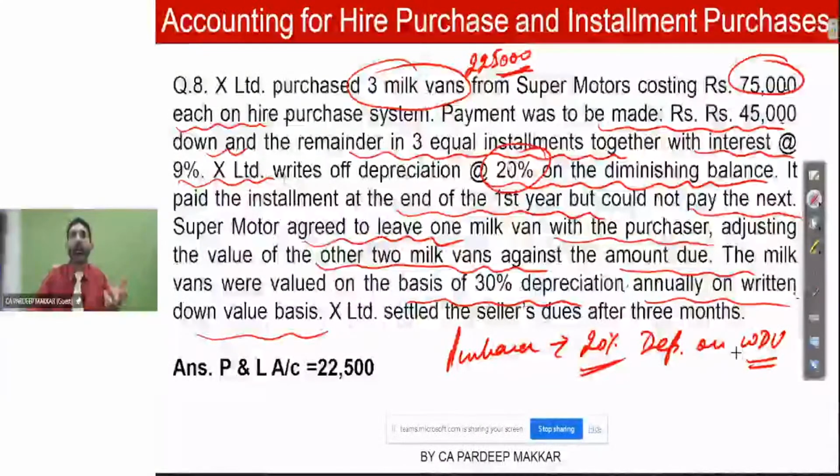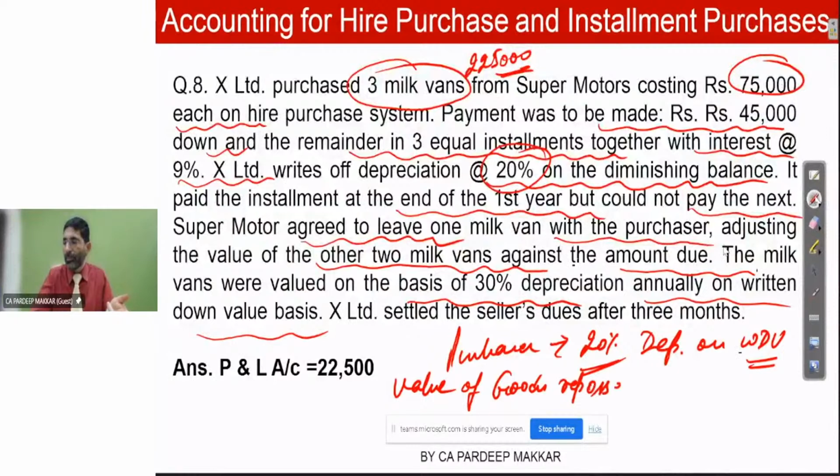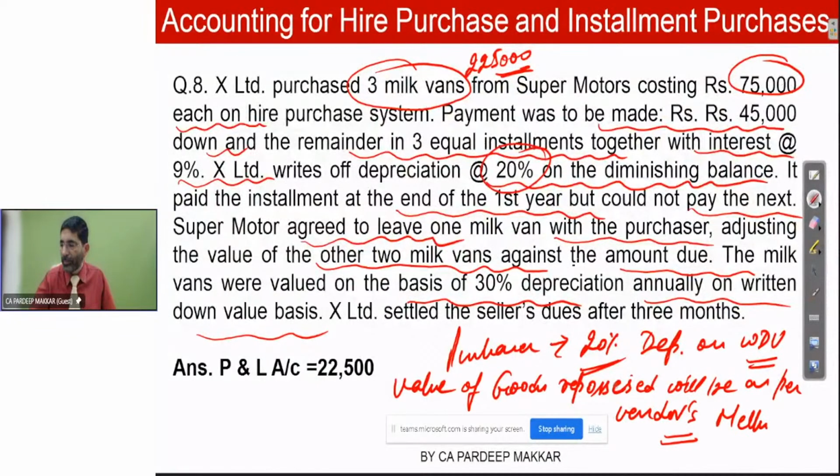You may note it down. The value of goods repossessed will be as per vendor's method.